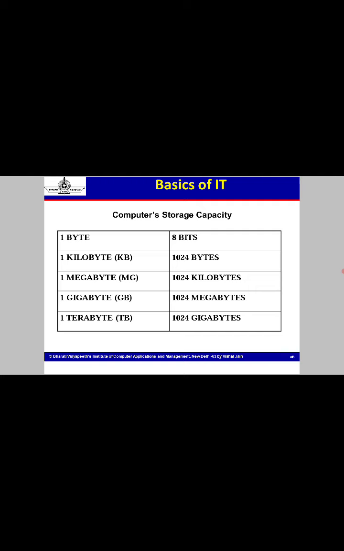Byte means 8 bits. 1 byte is 1 character. 1 kilobyte means 1024 bytes, 1 megabyte MB means 1024 kilobytes, 1 gigabyte GB means 1024 megabytes, and 1 TB terabyte means 1024 gigabytes. So these are the different units of storage media.